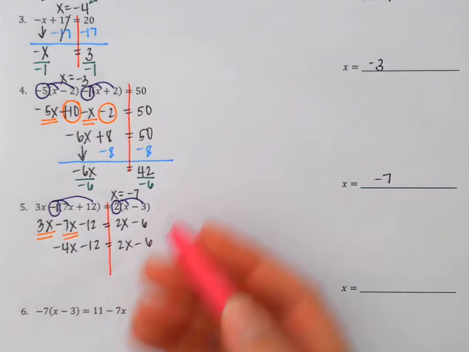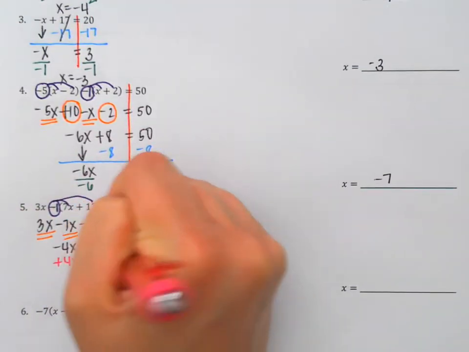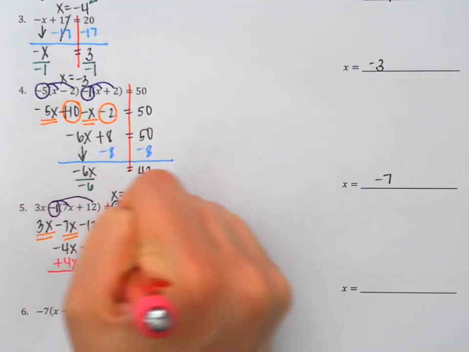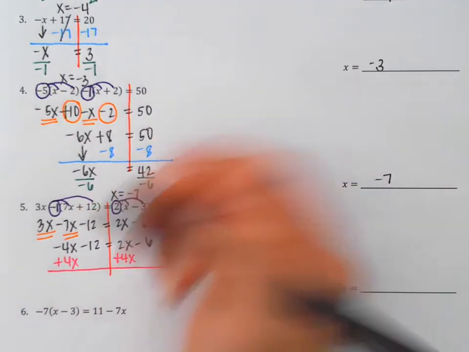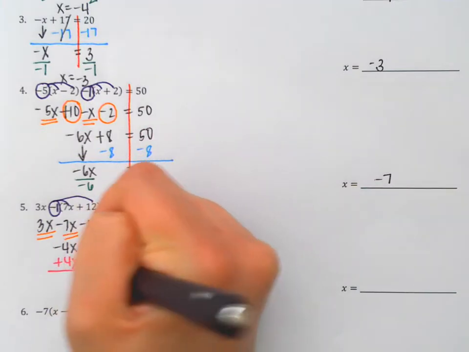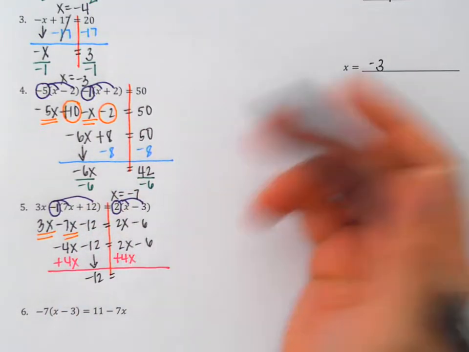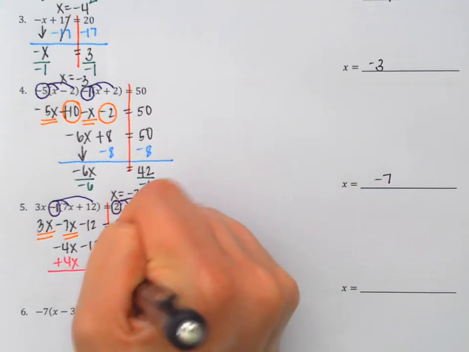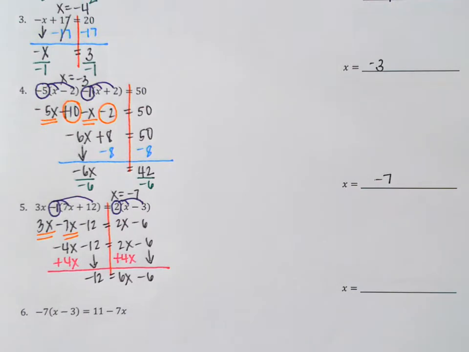So if I have a negative over here, I'm going to add 4x to both sides of the equation. And so negative 4x plus 4x is 0. Negative 12 comes down. 2x plus 4x is 6x, and then negative 6 comes down. If you would have moved it to the other side, you would have still gotten the correct answer, just a different way of doing it.